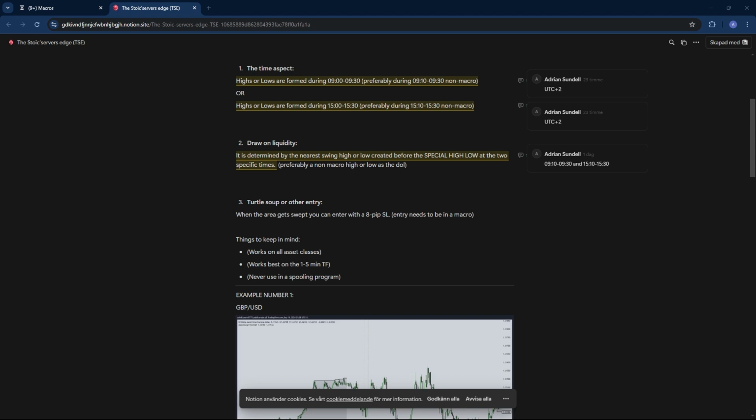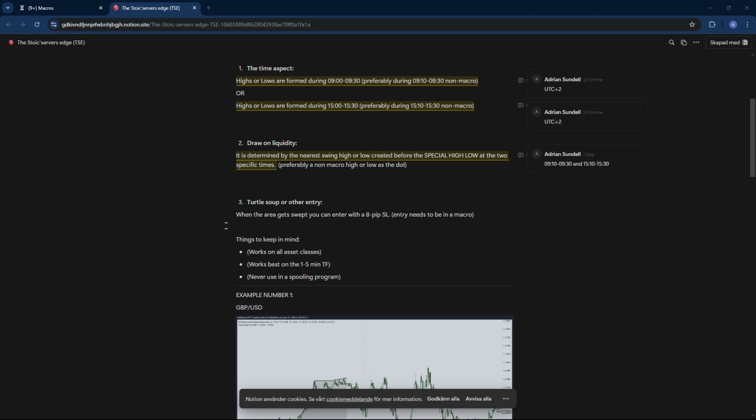You enter with an 8 pip stop loss, and the entry needs to be in a macro of the sweep. So you don't enter off purely the sweep. You wait for the macro after you have swept that. Or if you sweep it in a macro, that is your entry. So first you should look for the macro in the sweep. Hopefully everyone understood me.